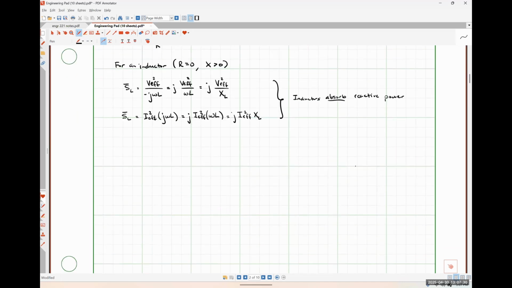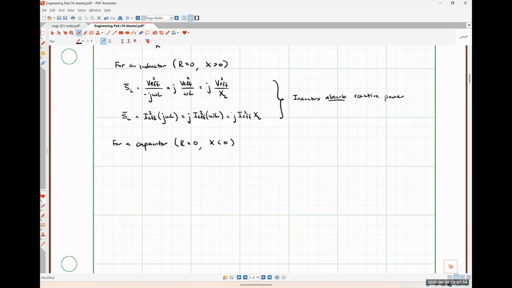Our last case is when we have capacitors or pure capacitors. So I'm going to say that a capacitor or a pure capacitor means that our resistance R is 0 and our reactance X is negative or less than 0.